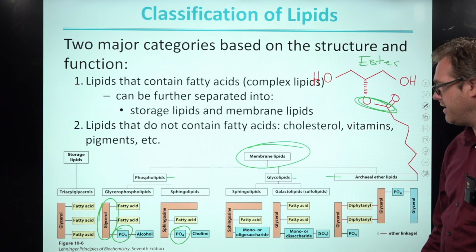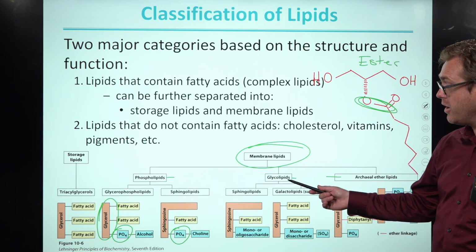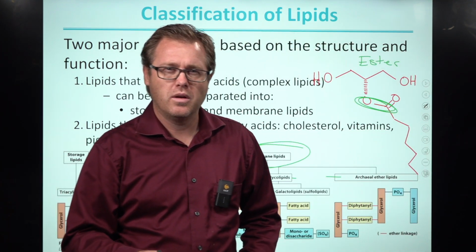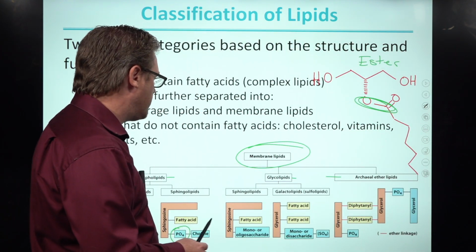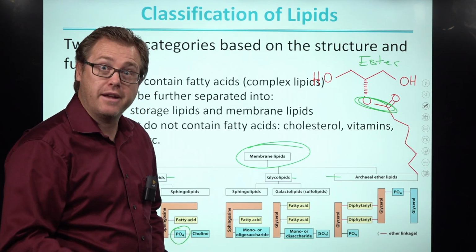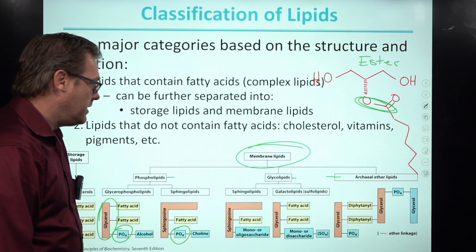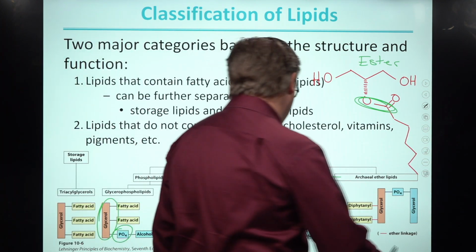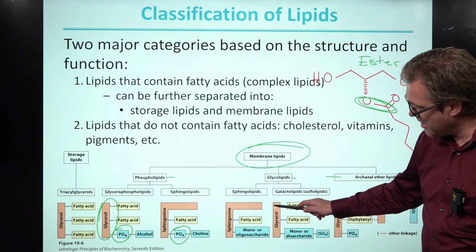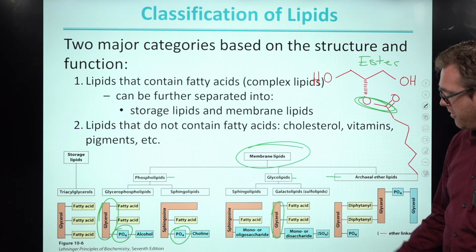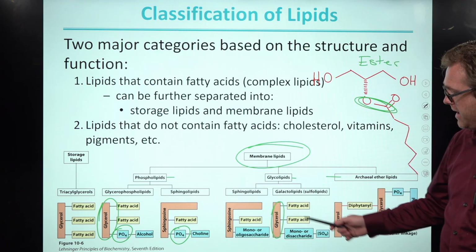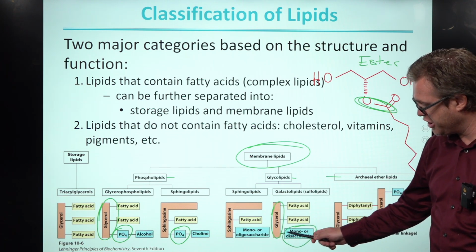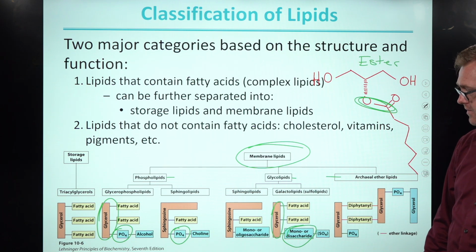When you take a look at the glycolipids, glyco, what's that suggesting? Carbohydrates. Okay. So we have the glycolipids right there. We see right here, we have the glycerol. We have two fatty acids attached to it, but we call it a glycolipid because it has a sugar attached.